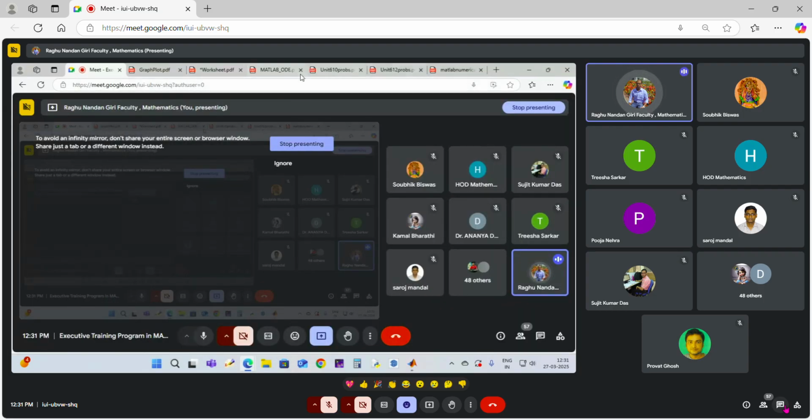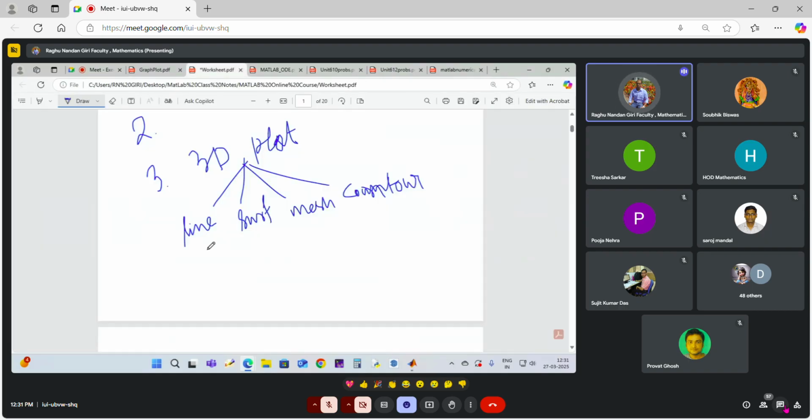There is a mathematical expression, a mathematical equation of a spider in polar form. Let's check it.